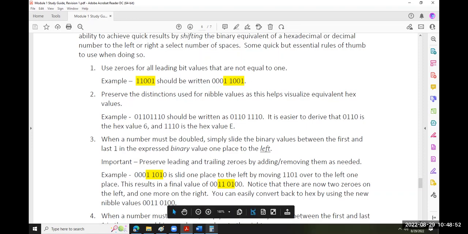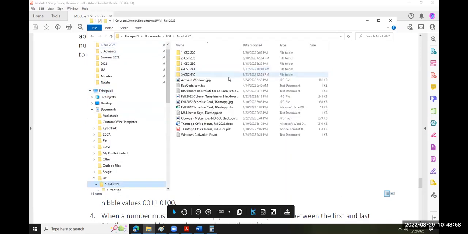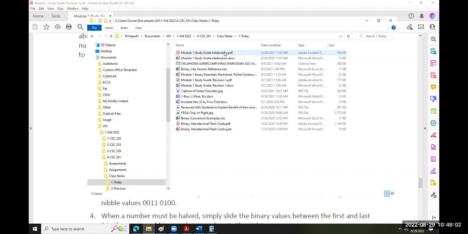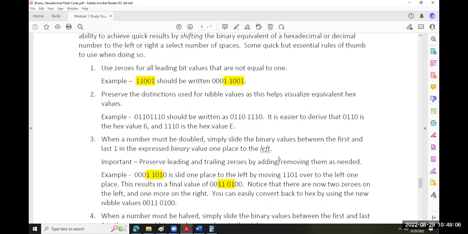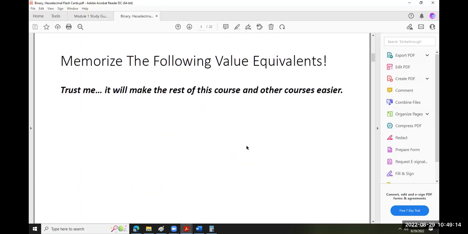There's a table, and I think there are flashcards, right? So let me go here. Flashcards. This should be in Blackboard. I want you to do this, right?